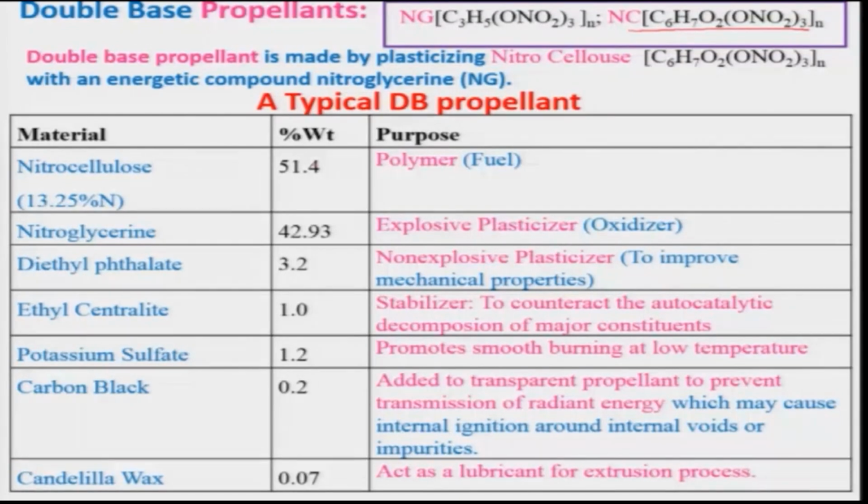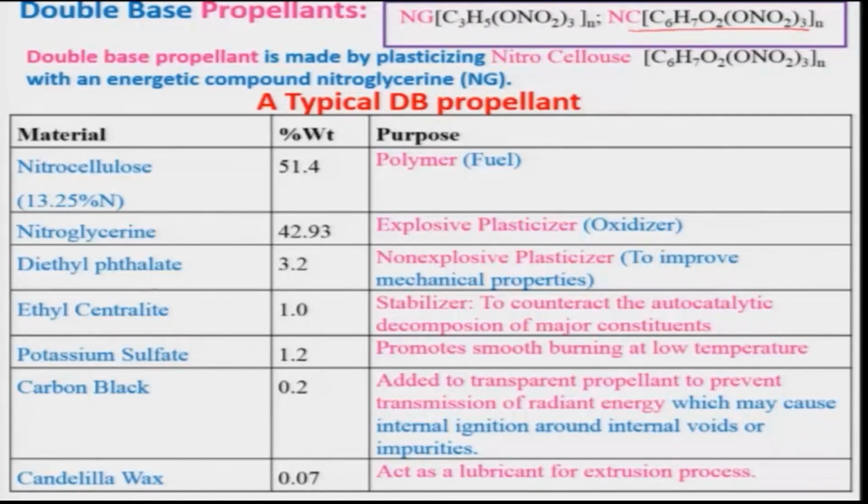Besides this, these are the two main constituents of the propellant: nitrocellulose and nitroglycerin. However, there are several additives used in this propellant composition with certain specific uses.